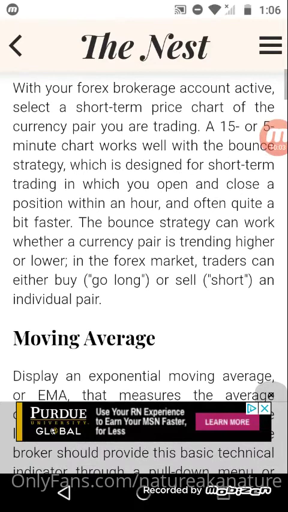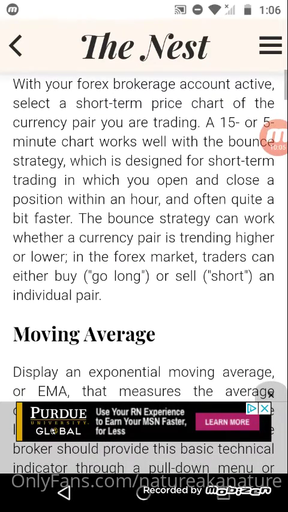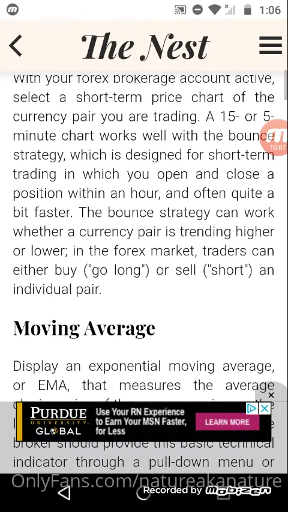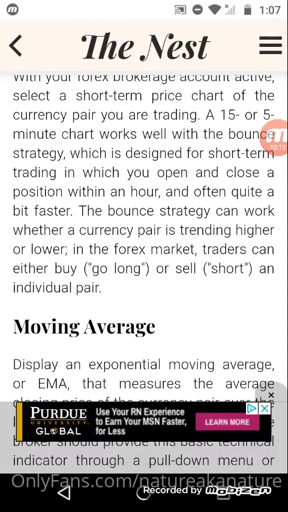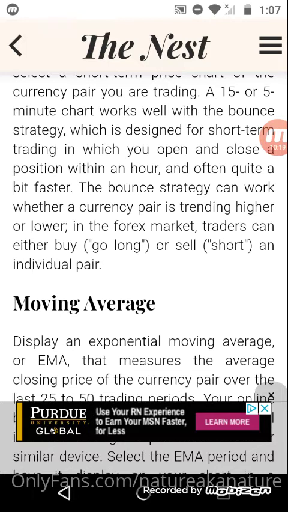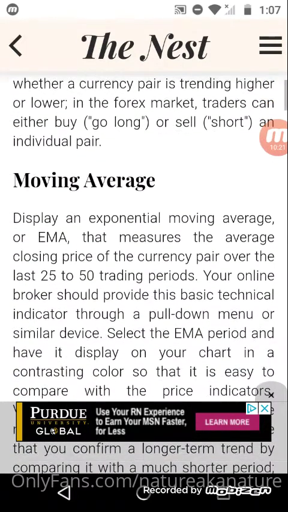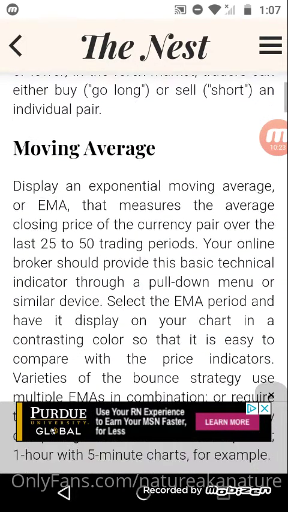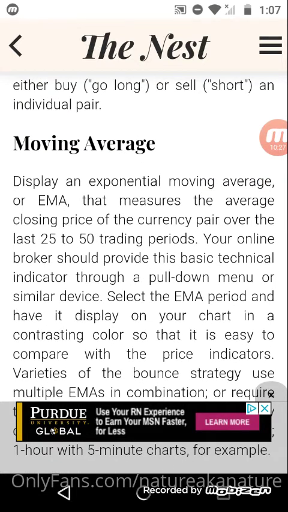As far as the moving averages, how you trade on the bounce back, the EMA moving averages that our mentors showed us were 8 and 14, and I showed y'all in the EMA moving average video. The exponential moving average, the EMA that we know about, is measured on the average closing price of the currency pair over the last 25 to 50 trading periods.